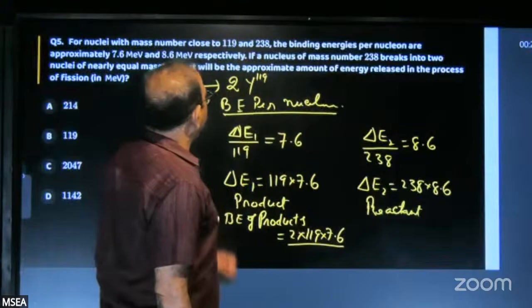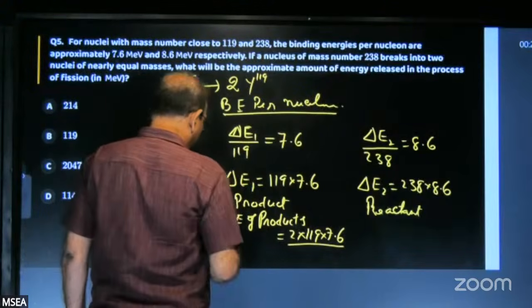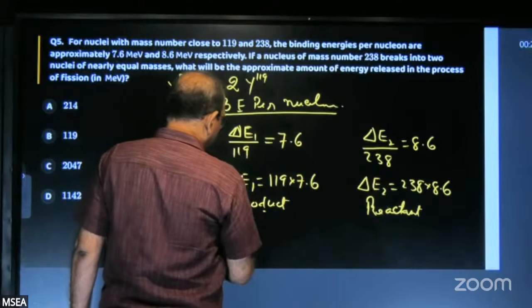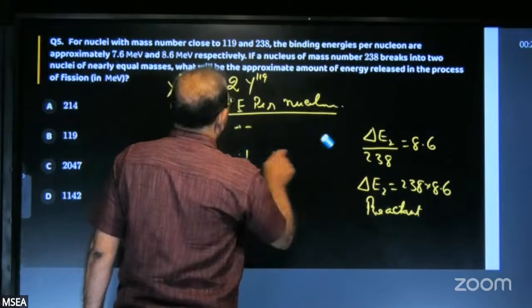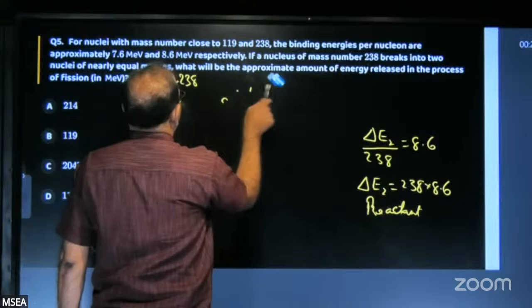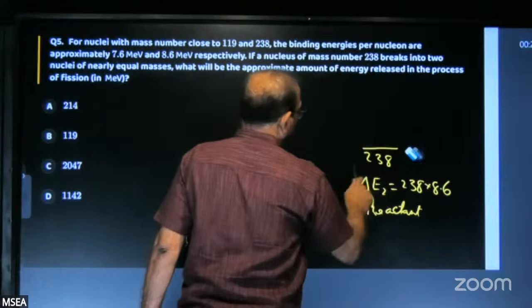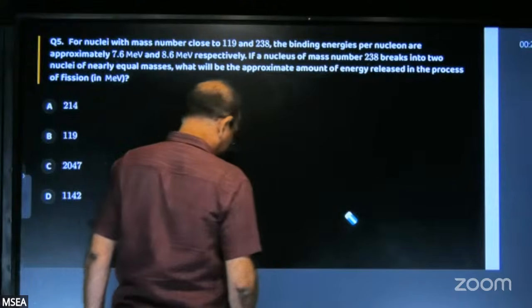See, this previous problem, the fission problem, one more point I want to discuss with you.